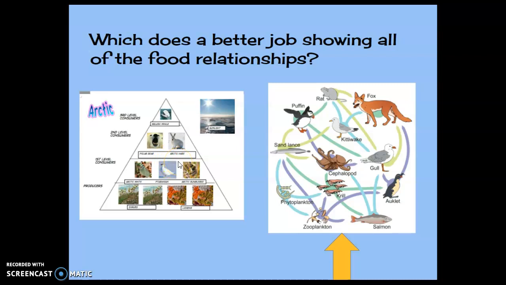So some of these don't really show what relation they are associated with. They don't show the arrows going to certain organisms, so you don't get to see that kind of information.